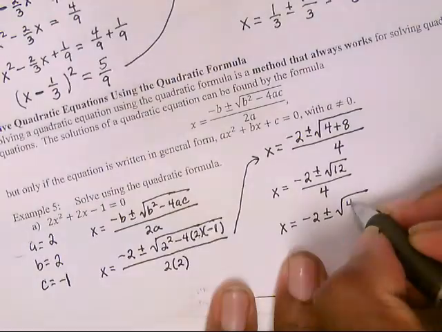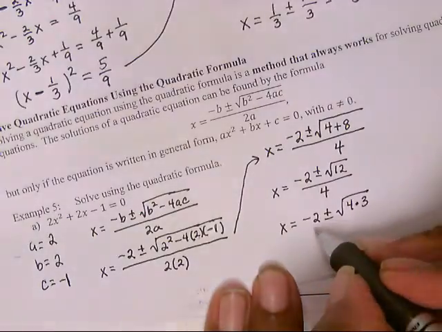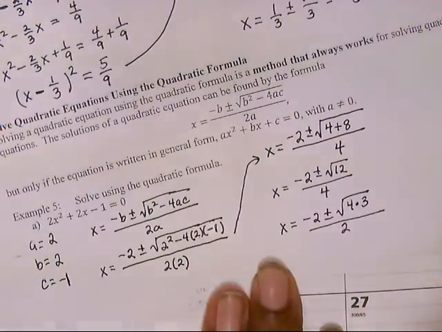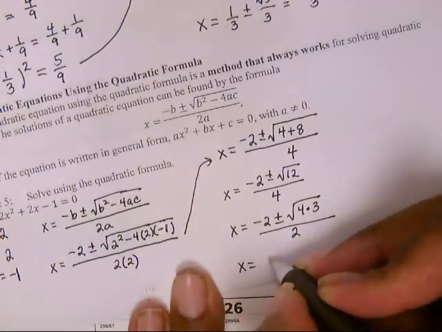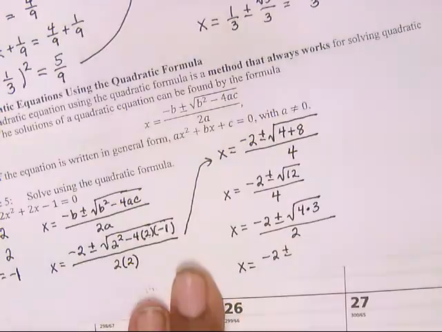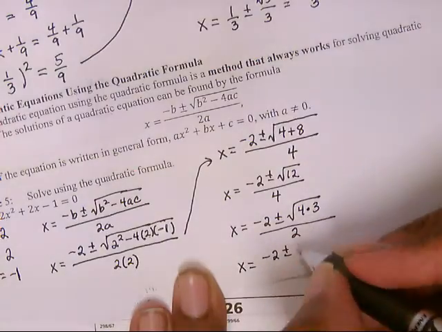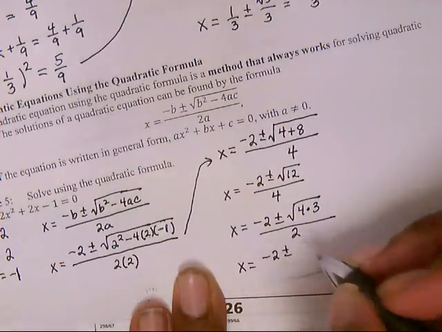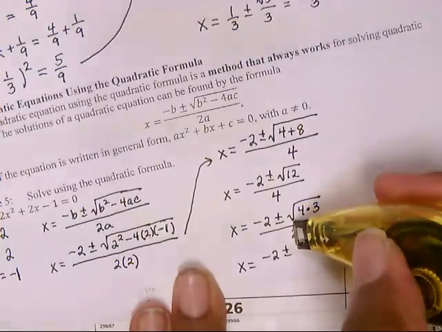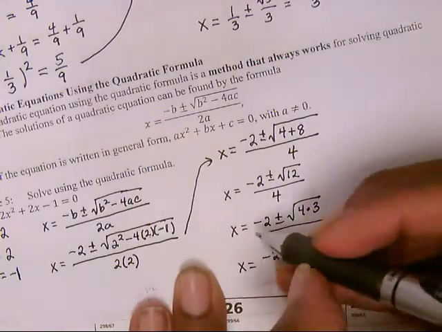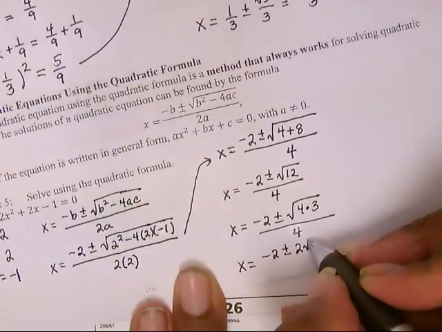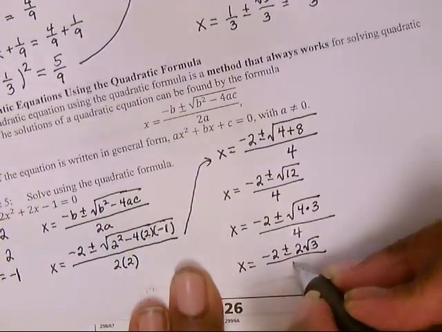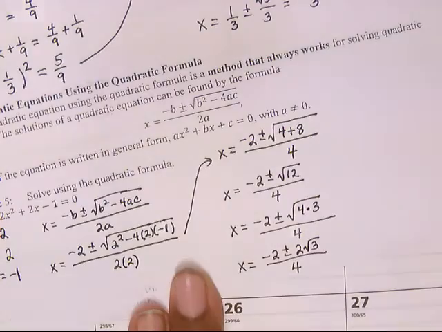I'm going to write that as 4 times 3 because 4 is a perfect square, and all of this will be over 4, I'm sorry. The square root of 4 would be 2, and then the 3 will remain underneath the radical. So I get -2 plus or minus 2 square root of 3 over 4.